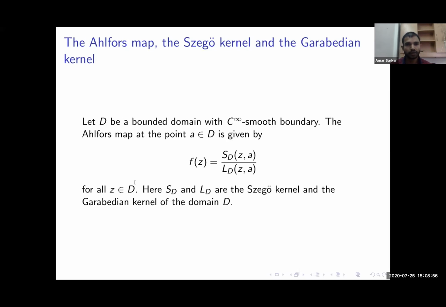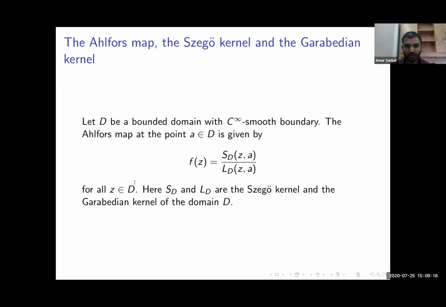Now let's see how the Ahlfors map can be written in the form of a ratio of two kernels. If you have a bounded domain which is infinitely smooth, then the Ahlfors map at any point A in the domain can be written as just the ratio of these two quantities.